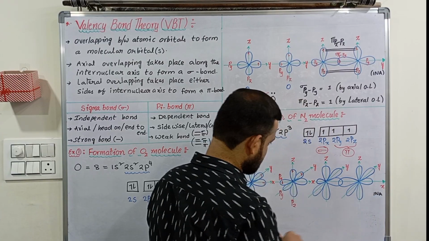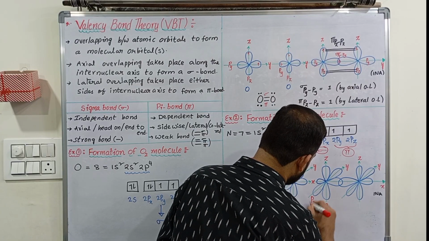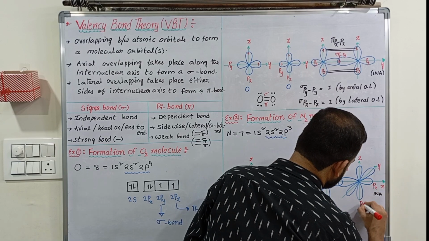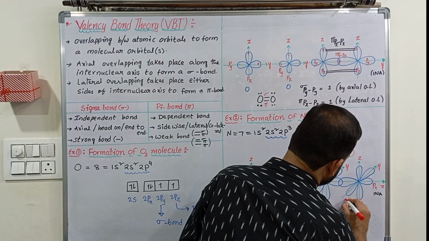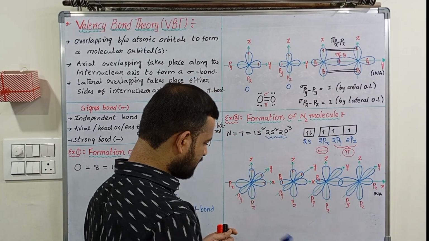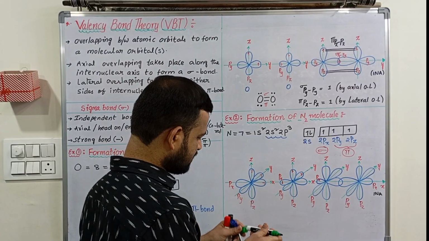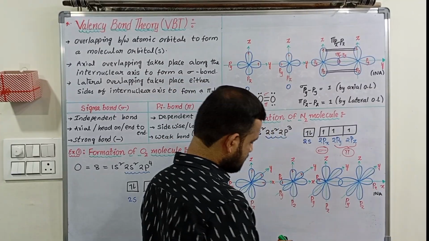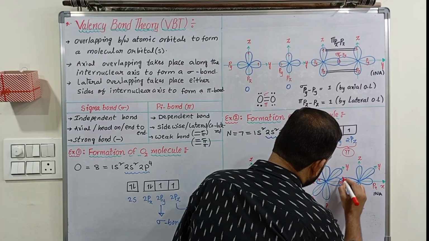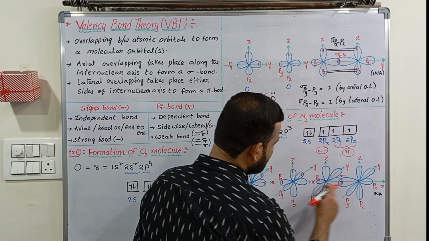Clear? Understand? So this is a pz, this is py, this is px. Here it is the same px, pz, and this is py. So now overlapping will be taking place. Between px overlapping has occurred already, so here a sigma bond is formed between px.